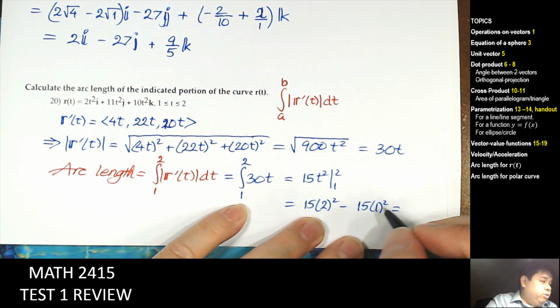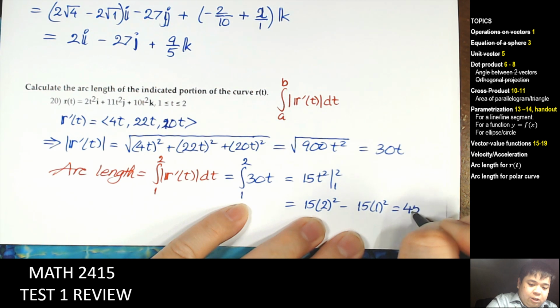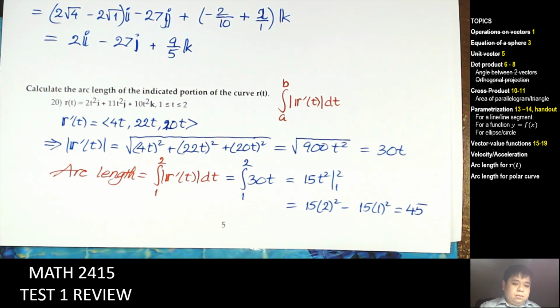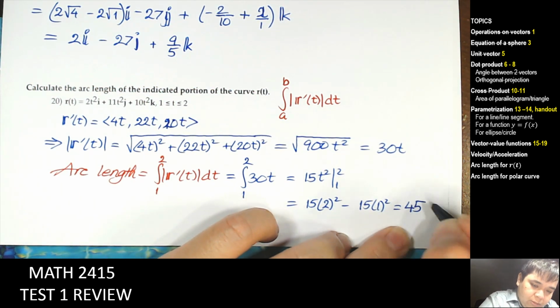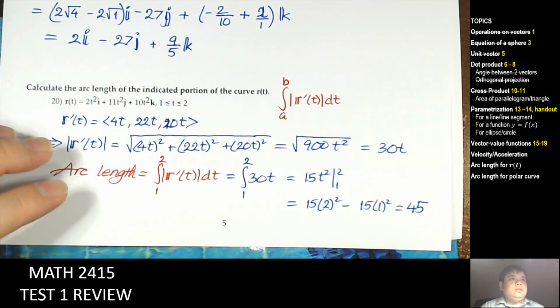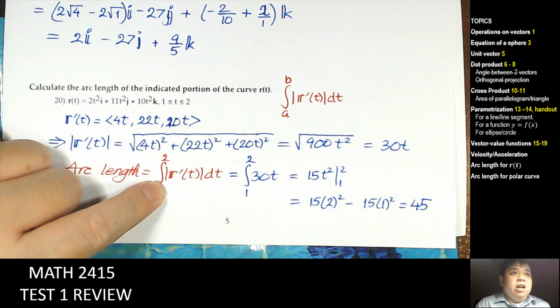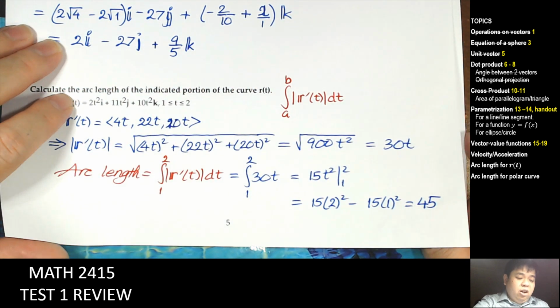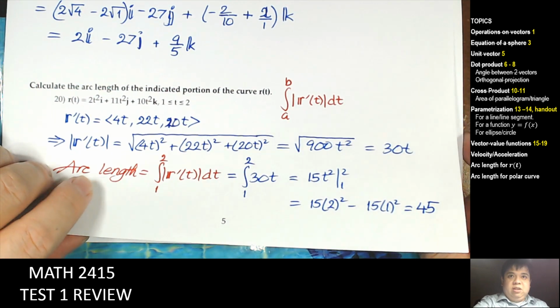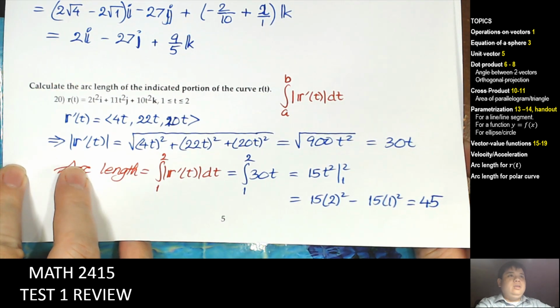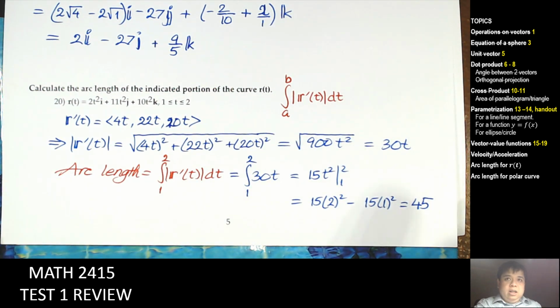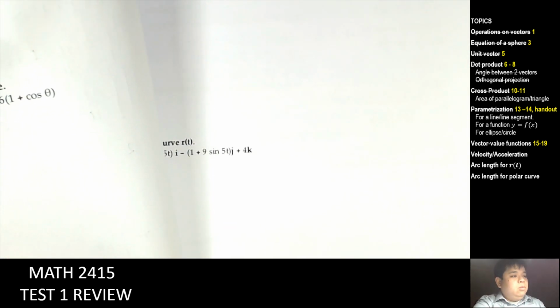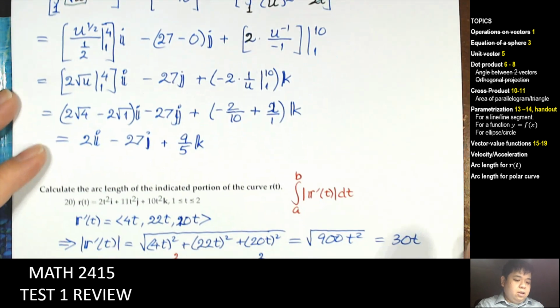So that would be 45. Right, so it's straightforward. Just the integral of the magnitude of the velocity vector or the tangent vector. Right, so that is 20. Yeah, we'll go to 21 next.